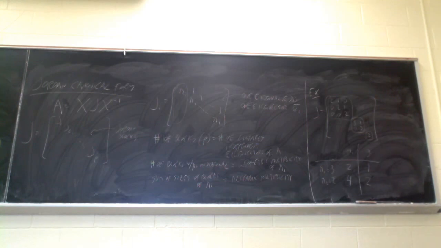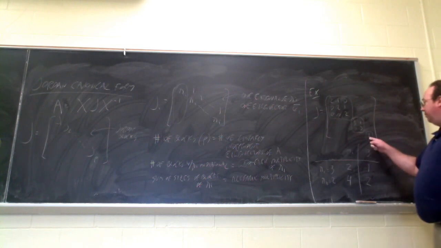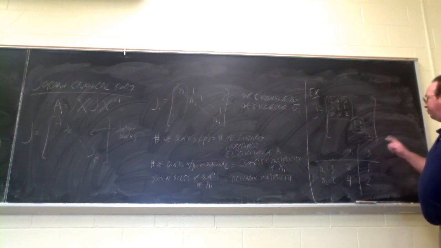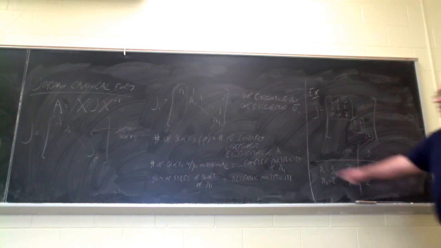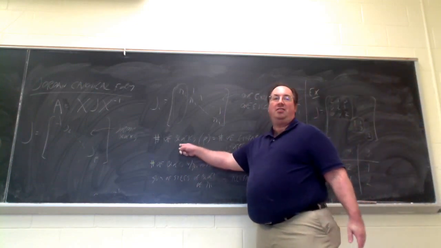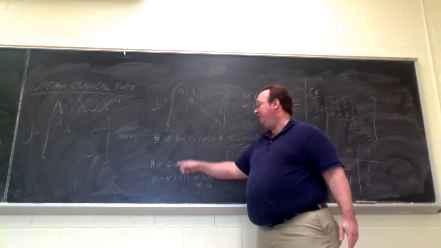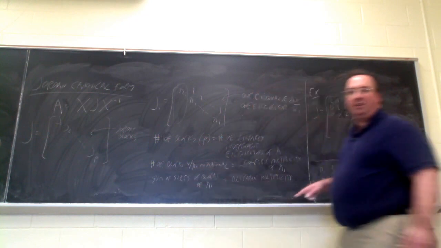Excuse me, so for lambda 2, why is it not 3? You count the last one also? Yes. Okay, yeah, for purposes of determining multiplicity, this is lumped in with this one. You take the number of blocks to get the geometric, and then you add up the sizes of all of them to get the algebraic.